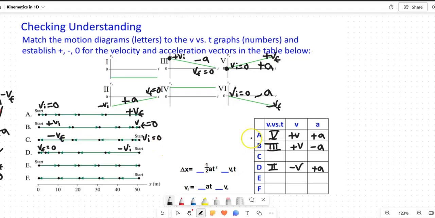So it looks like C matches up with Roman numeral 6. Those velocities, for the most part, are going to be negative, although it starts off with a 0 initial velocity, and that acceleration is negative. So if we built those equations, that would look like this, and we know that final velocity would be negative. Okay.